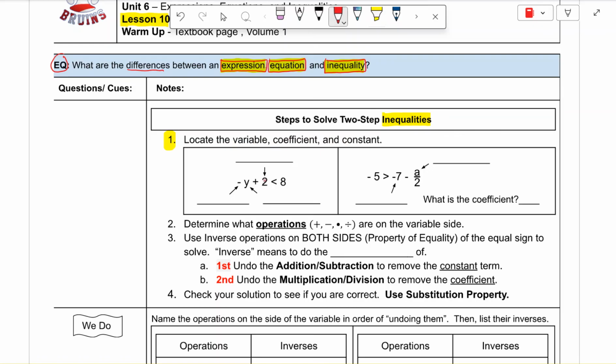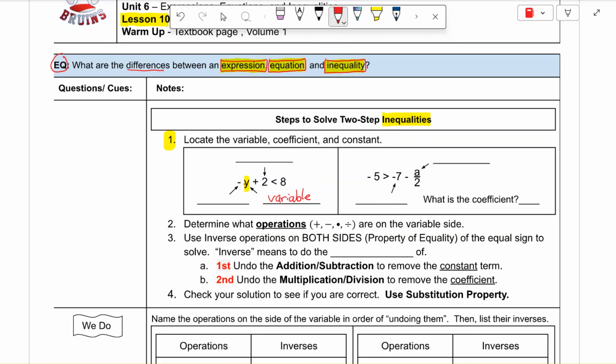Let's find out what this 2 is. First of all, let's find the variable. The variable is right here. That is the variable, and the variable is y. Now we're going to look for the coefficient. The coefficient is always right in front of the variable, which there is no number there, but there is a negative sign.